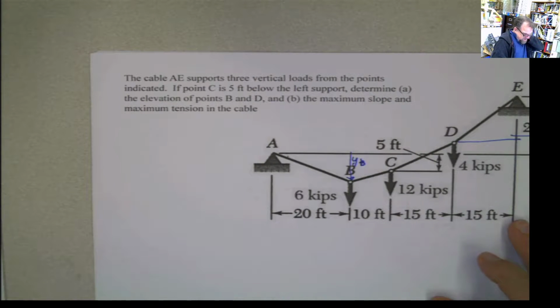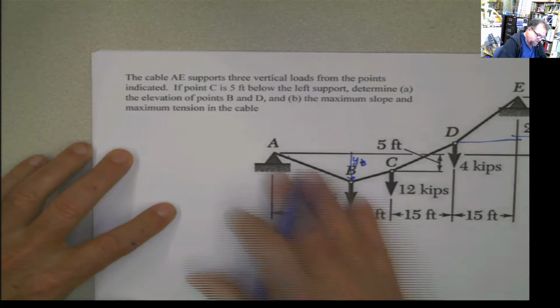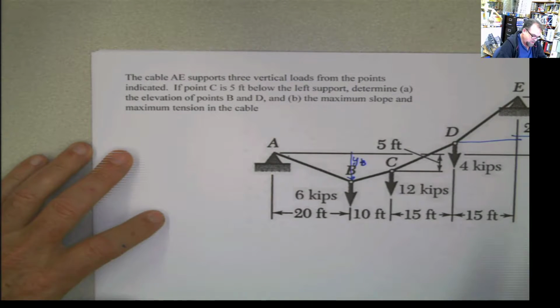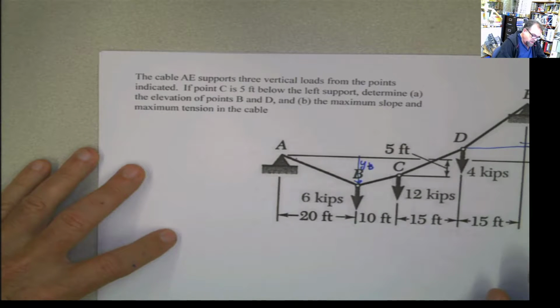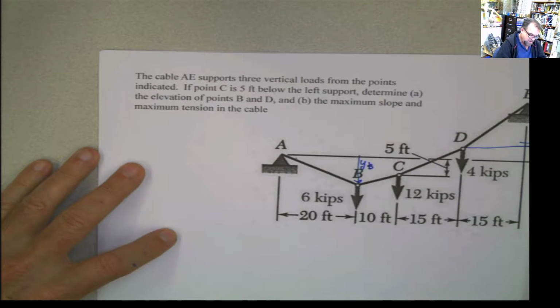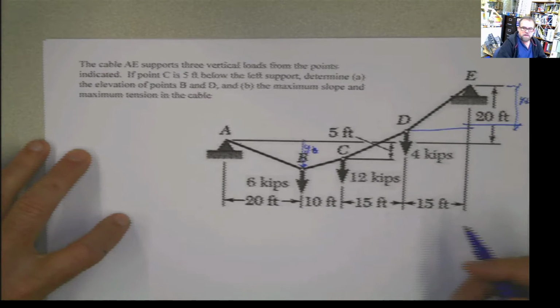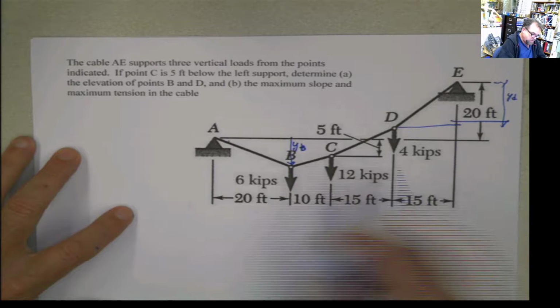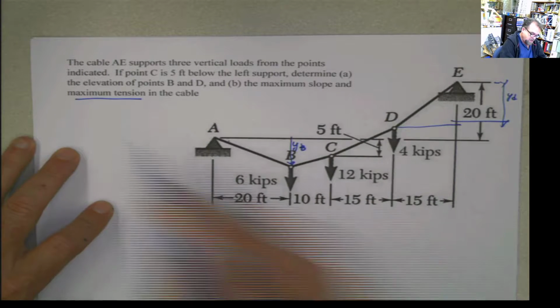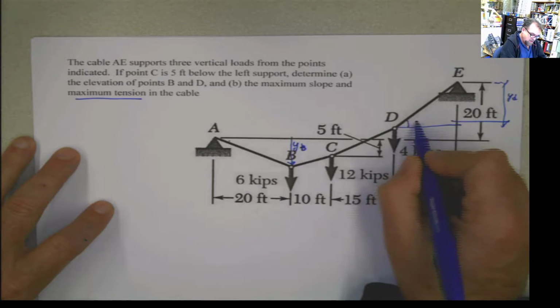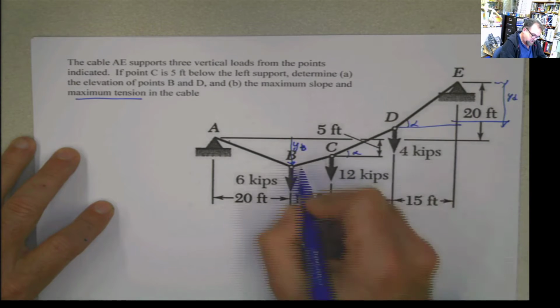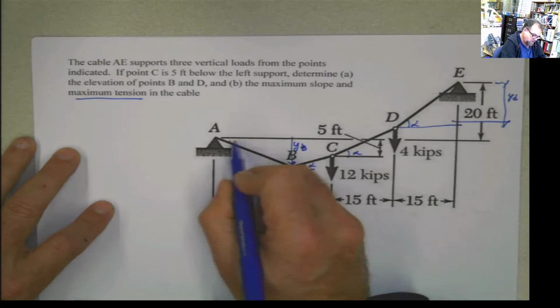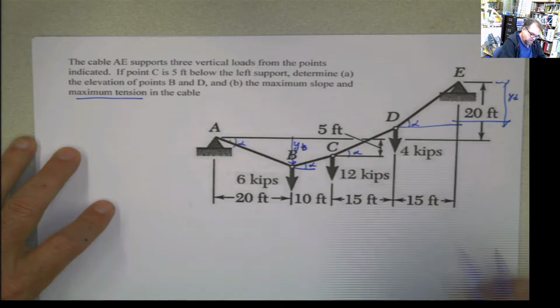The first thing is determining the reactions in order to determine some of the tensions in the cables. If this is to scale, which once again you shouldn't be thinking all the time that the drawings are to scale, the maximum tension is going to happen where the maximum angle is between this, with the horizontal all the time, and between that.